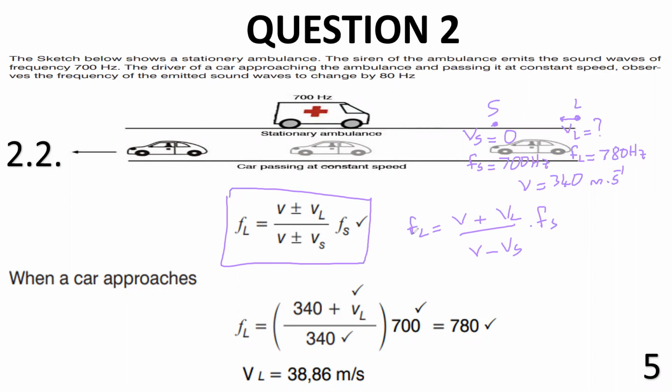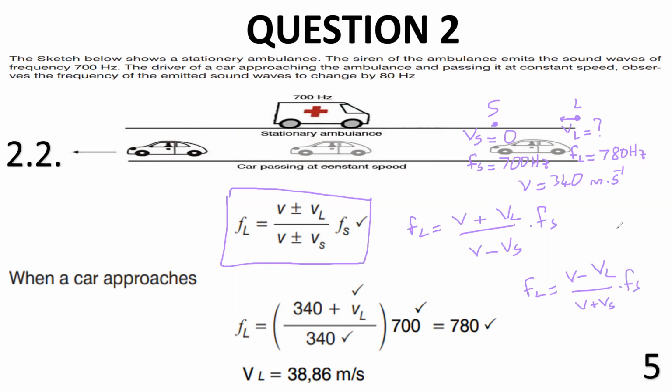You can use this formula when they are coming closer to each other. If they are going away from each other, this formula changes to FL equals (V minus VL) over (V plus VS) times FS.